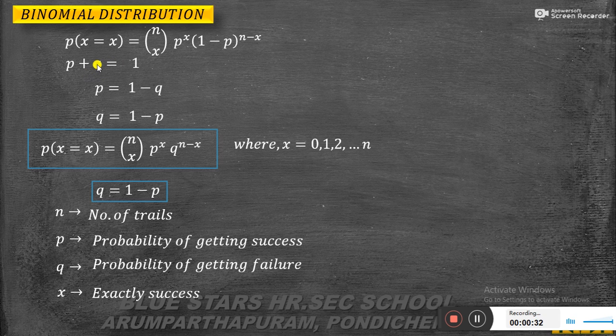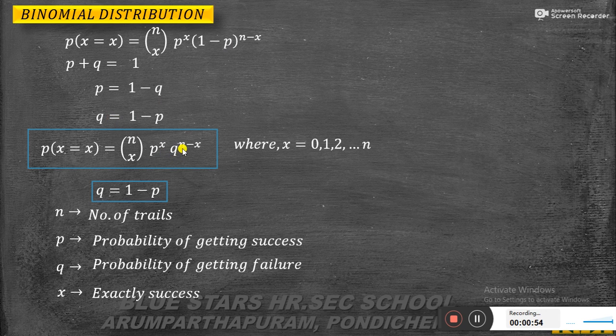So here the total probability equals 1. That means probability of a success plus a failure equals 1. So p equals 1 minus q, and q equals 1 minus p. Therefore probability of X equal to x means nCx into p power x, where 1 minus p I represent as q.